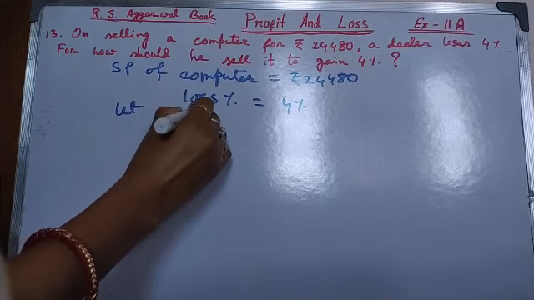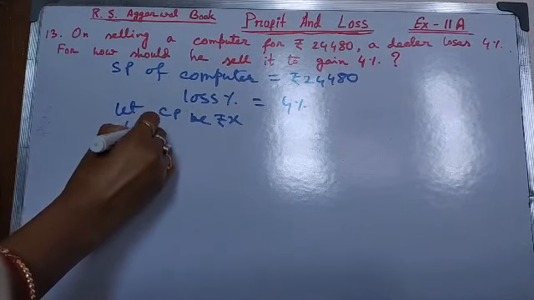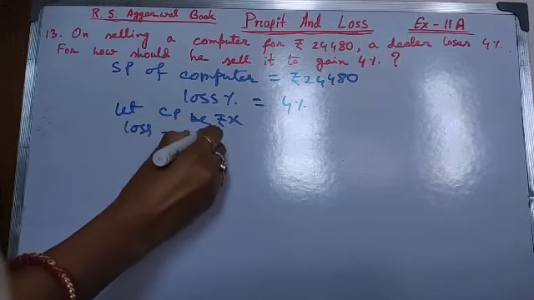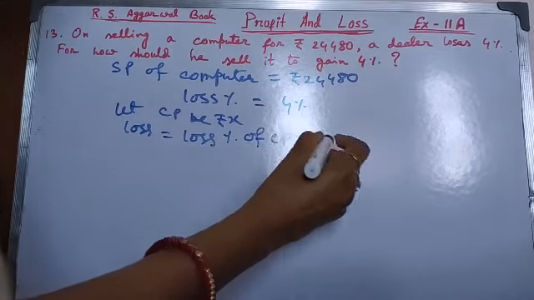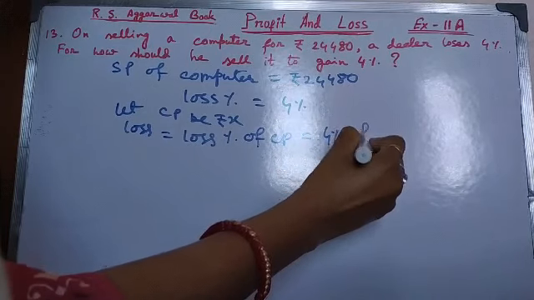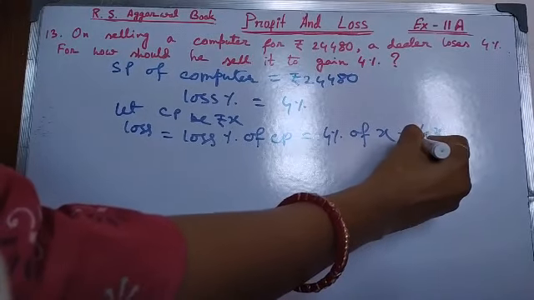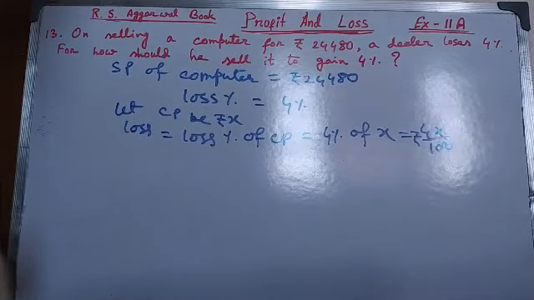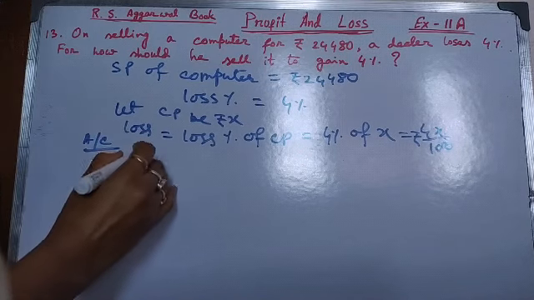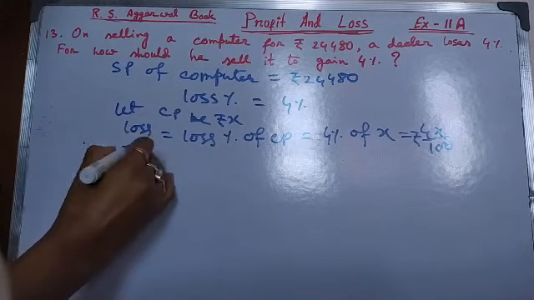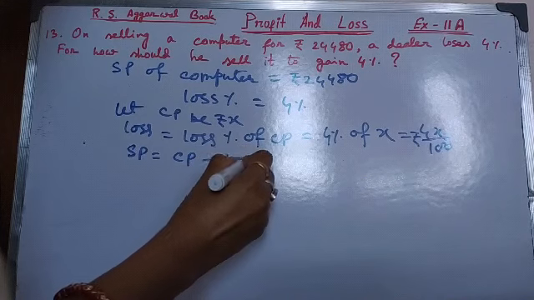Let CP be rupees X. Then loss equal to loss percent of CP, that means 4% of X, that means 4x by 100 rupees. So according to the condition, one thing more, SP equal to CP minus loss.